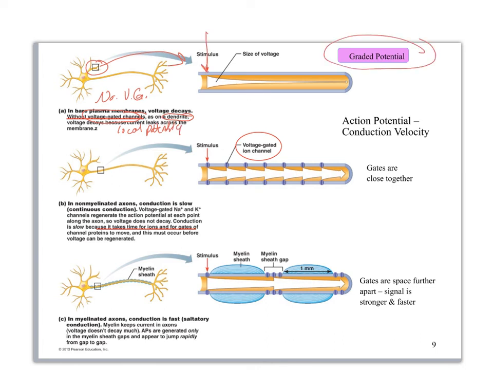So I've got a stimulus source here. I get a certain amount of sodium that comes in. And what they've done here is they've made this diameter so that where it's thicker, the signal is stronger. And then you can see it becomes narrower and narrower, and then eventually right here, it fizzles out.